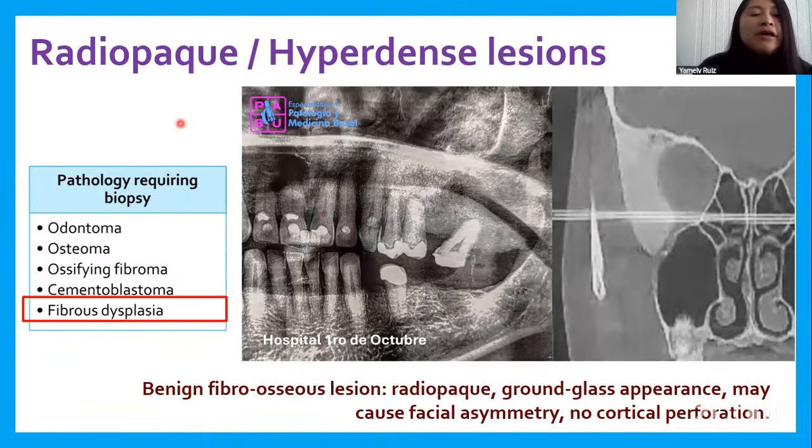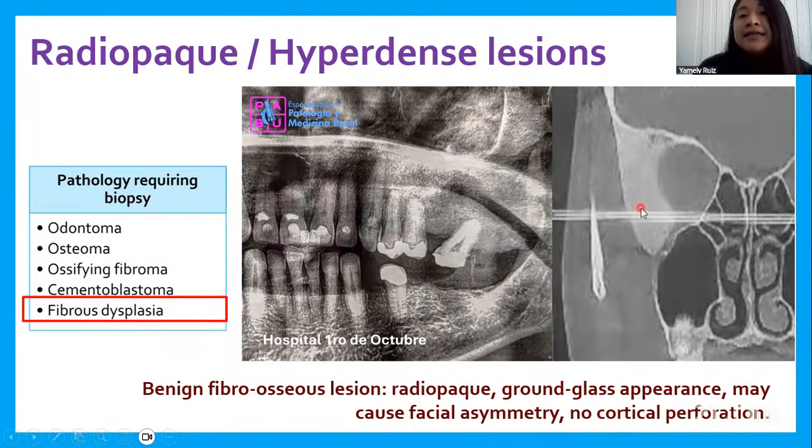And the last one is fibrous dysplasia. Fibrous dysplasia is a benign fibroosseous lesion that has a radiopaque or hyperdense characteristic, but a key point in this one is the appearance. This lesion has a pattern, described as ground glass. The ground glass appearance is the very important finding to think that the entity you are seeing in your tomography or radiography is a fibrous dysplasia.